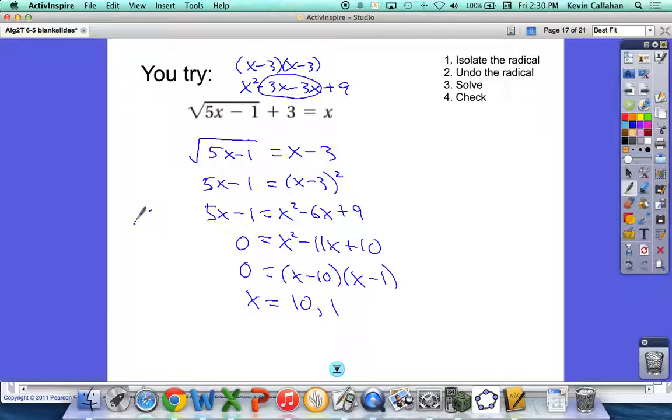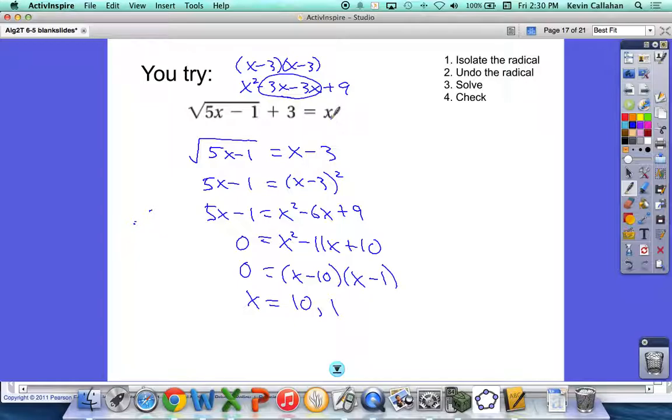What's that? Okay, what are the factors of 10 that add up to negative 11? And then you check them. Which one didn't check? Which one of these two answers was extraneous? Look, if you put in the 10, 5 times 10 is 50. 50 minus 1 is 49. What's the square root of 49? 7 plus 3 is 10, correct?